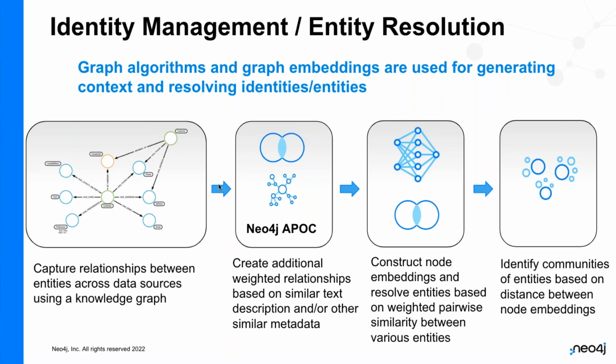So the number of digital touch points has increased, and it's making data even more heterogeneous and making it difficult for businesses to identify who this customer is. Do I know him already? If I know him already, what are his or her preferences?